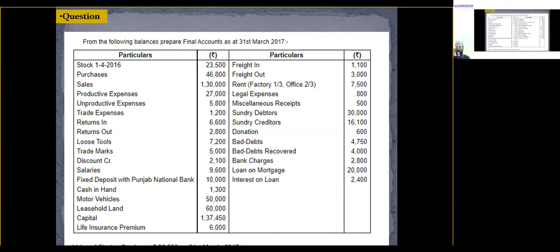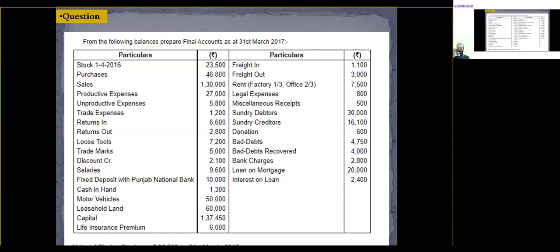All right, so the first item is stock on 1st April 2016. So what do you think, what is a stock on 1st April 2016? This information is regarding the opening stock, right? So tell me where we will be writing the opening value of the stock.